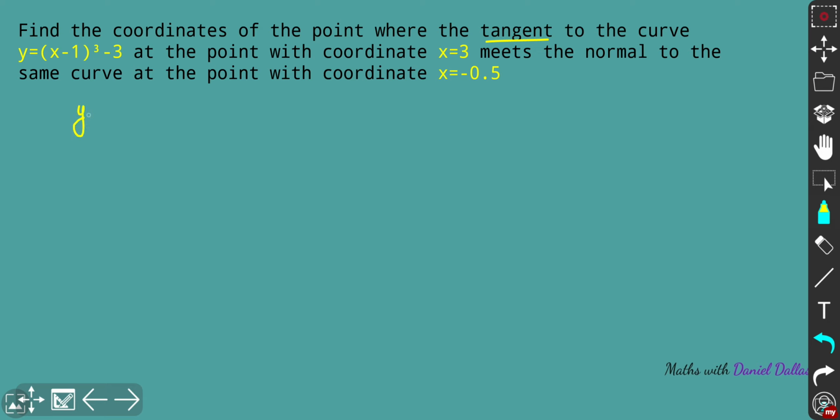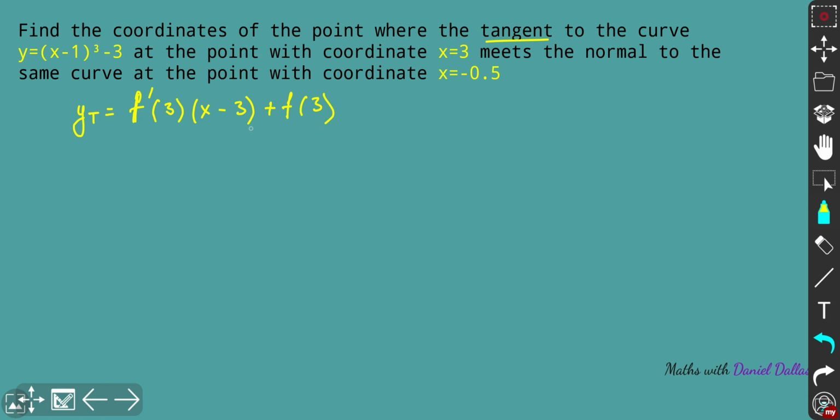The general equation of the tangent line, which I mark as y_t, is going to look like f prime, the derivative at the given point 3, times x minus 3, and on top of that, you add the f function at the given point, x equals 3.